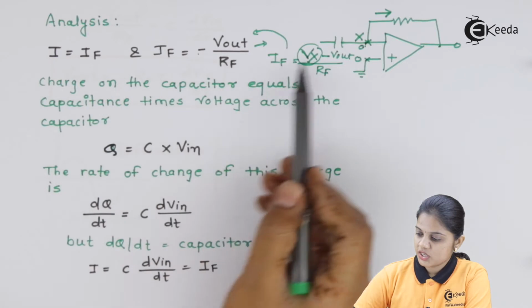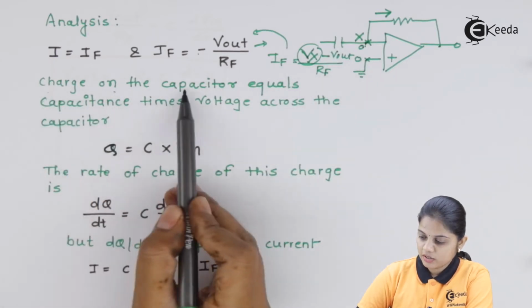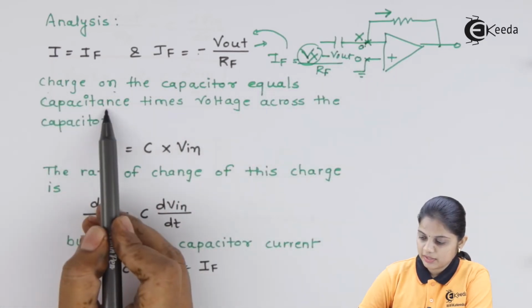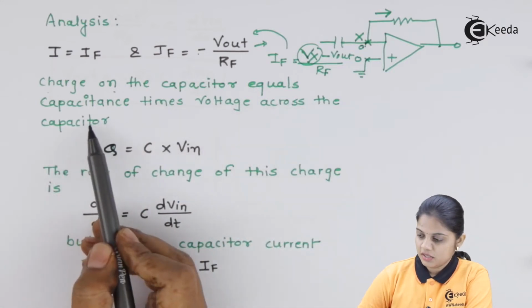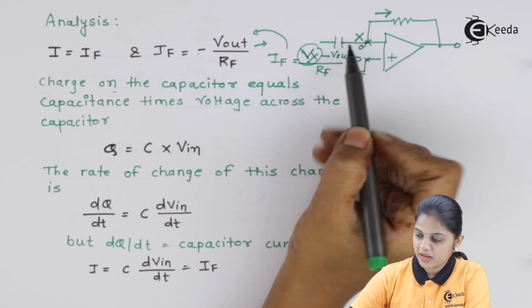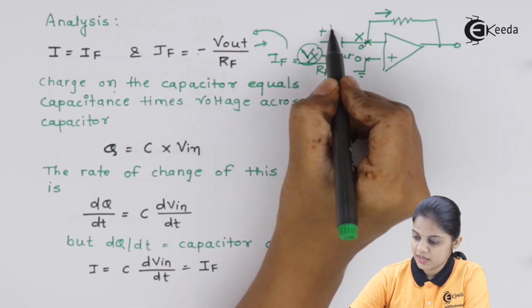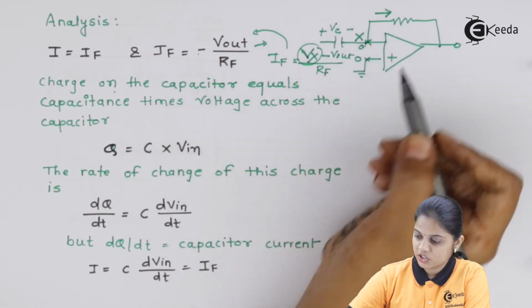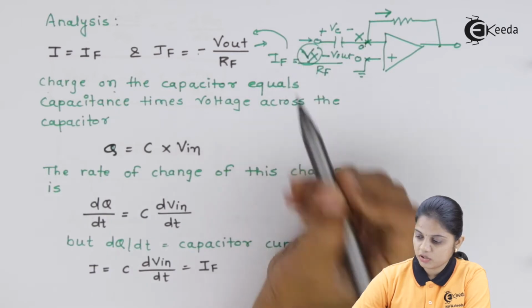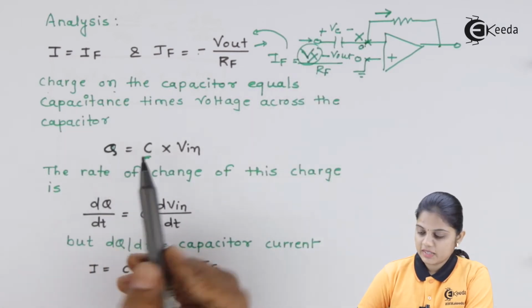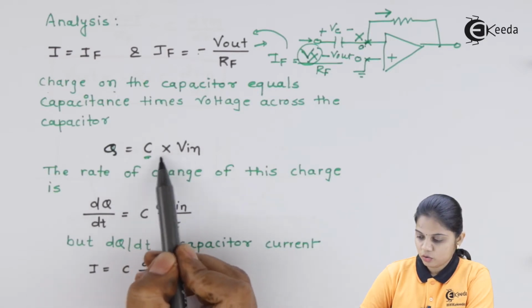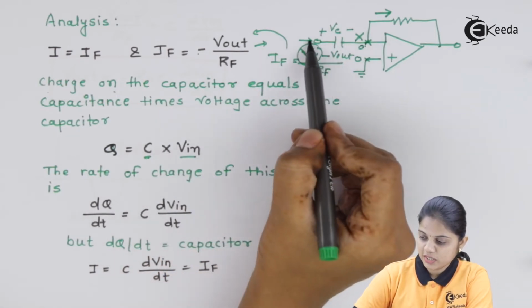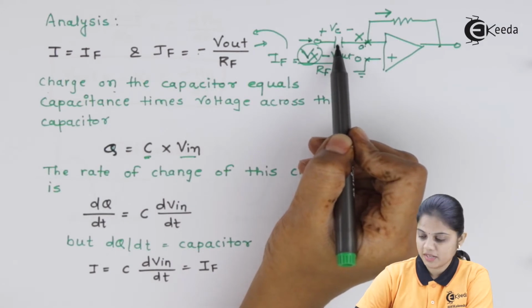Now let's see what the charge on the capacitor is. Charge on the capacitor is equal to the capacitance times the voltage across the capacitor. The voltage across the capacitor, Vc, is nothing but Vin, because the input voltage is directly given to the capacitor.